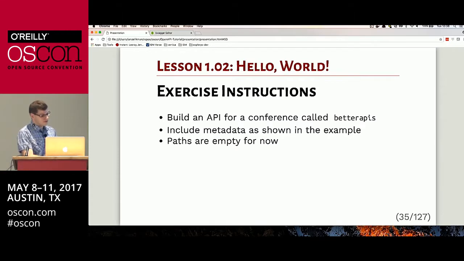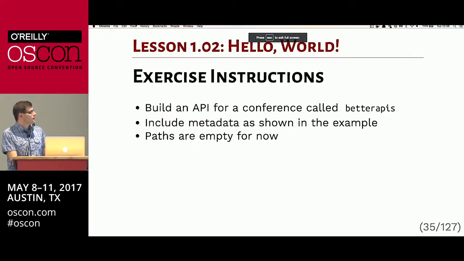So we saw these two examples. And then for this exercise, we're going to start building our working example. Basically, what we're going to do is work on a spec for a conference we're calling Better APIs. And you would incrementally build the functionality into your spec, basically for your contract API.